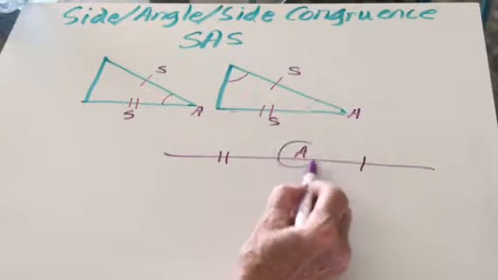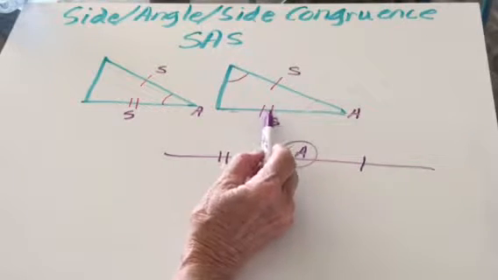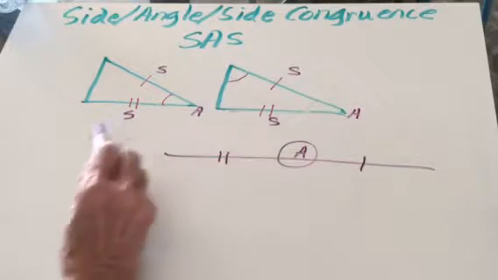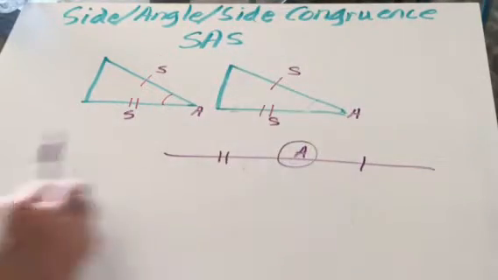This is called the included angle because it's in between the two lines. But this is not in between anything because this isn't marked. You see that? So this is called side angle side.